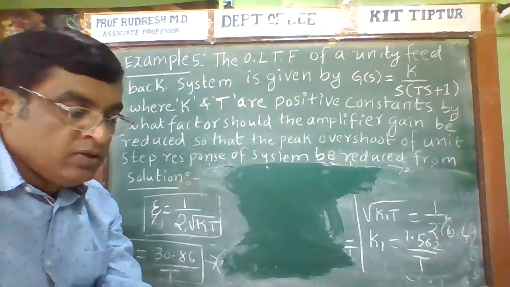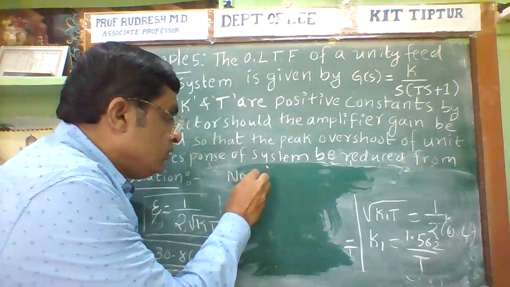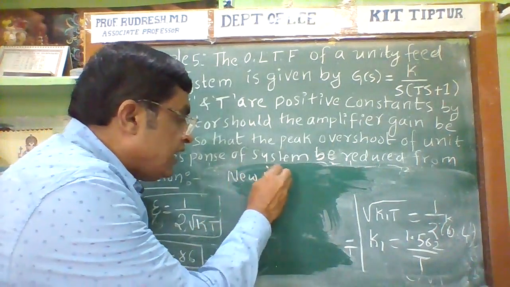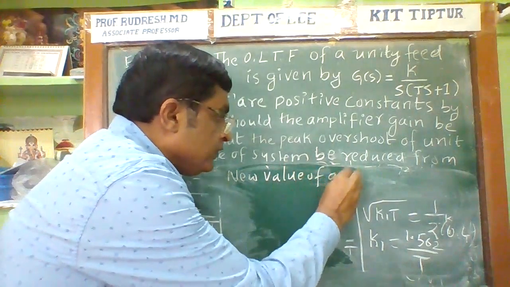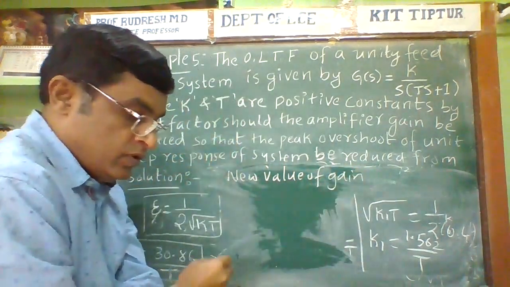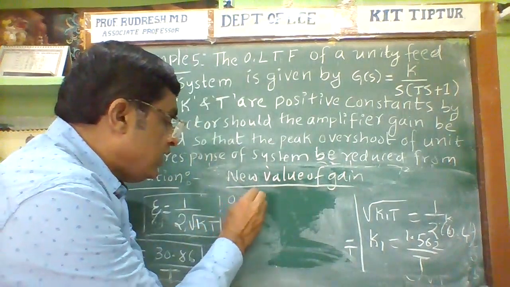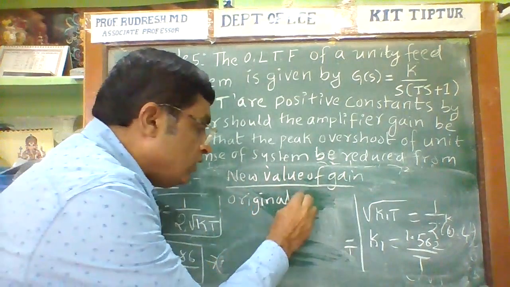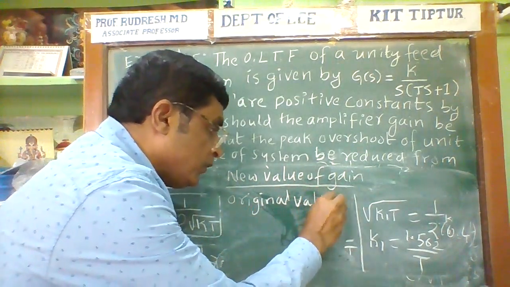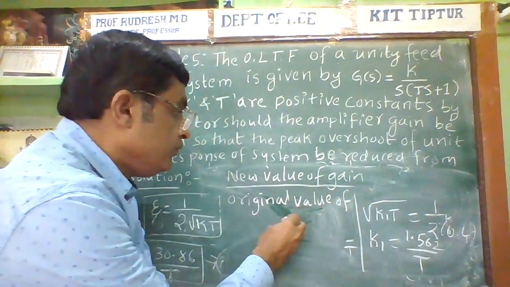That is what we need to make into a ratio: the new value of gain divided by the original value of gain K.